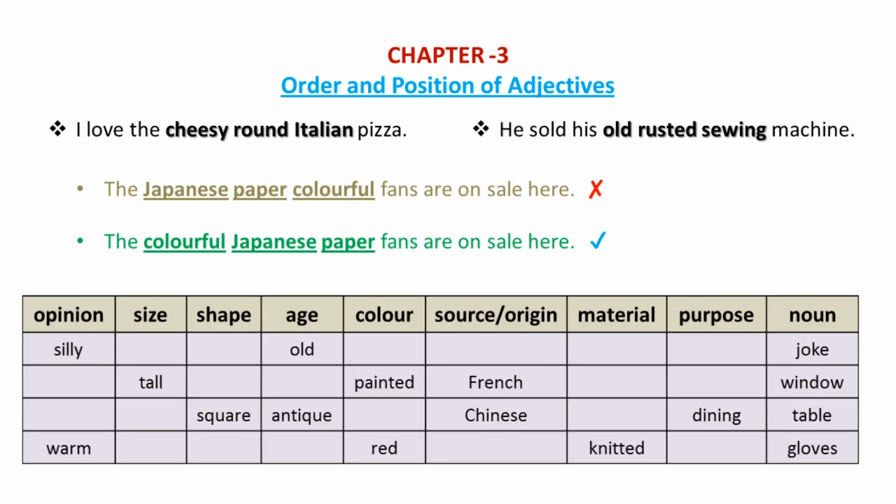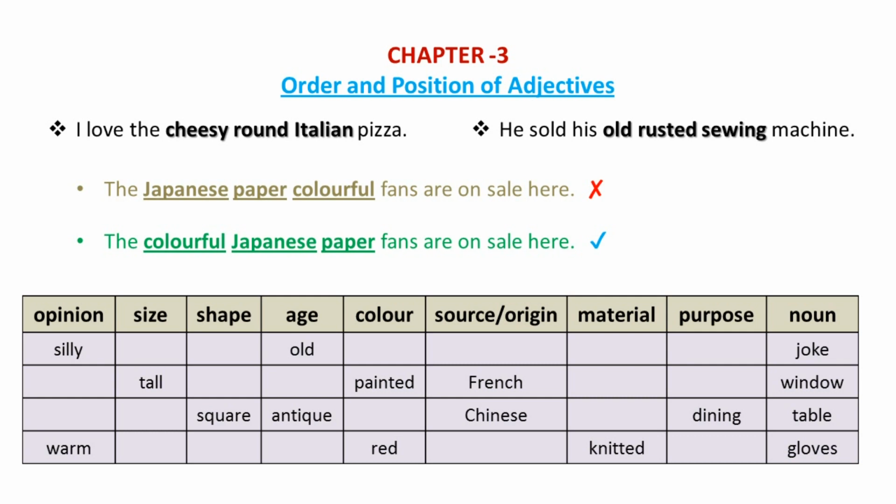Let us read this table to learn about the order adjectives usually follow before a noun. Opinion comes first, then size, then comes the shape, then age, then color, then source or origin, the material, then the purpose.